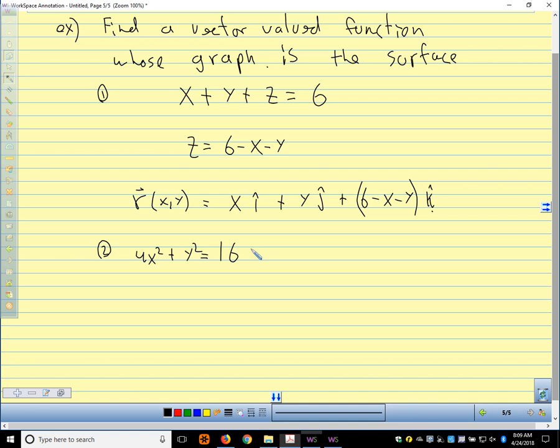Let's write it in standard form. I'm going to divide by 16. x squared over 4 plus y squared over 16 equals 1. So we get an elliptical cylinder.